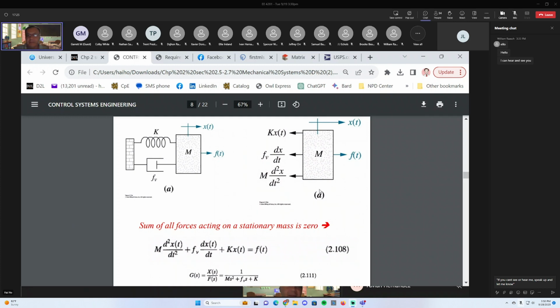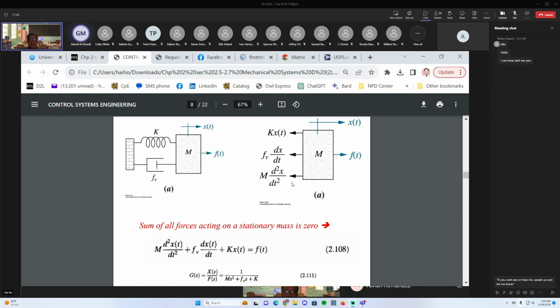Okay, and then lastly, you remember from physics, F equals ma, which means that, imagine if you push on a car, right? If you stand on the ground and push on the car, you're going to feel the force of the car pushing back toward you.